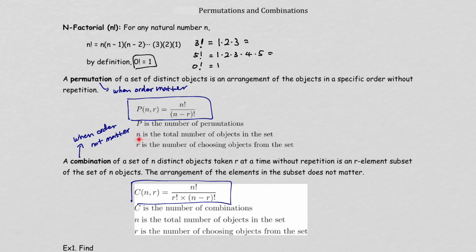P is for permutations, N is the total number of objects in a set, and R is the number of objects chosen from the set. So let's say you have 5 and you're picking 3. Then 3 is going to be R and 5 is going to be N. Same thing for the variables in the combination formula. You will understand better when we look at the examples.